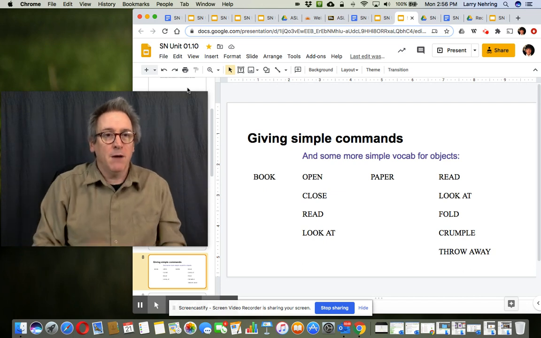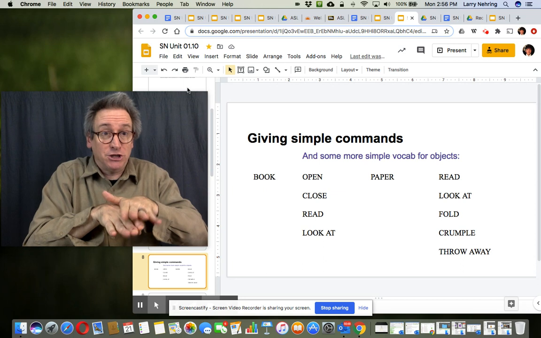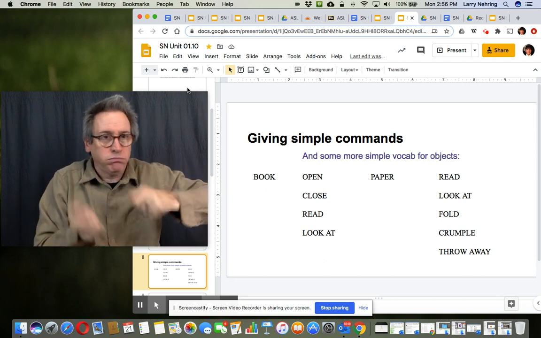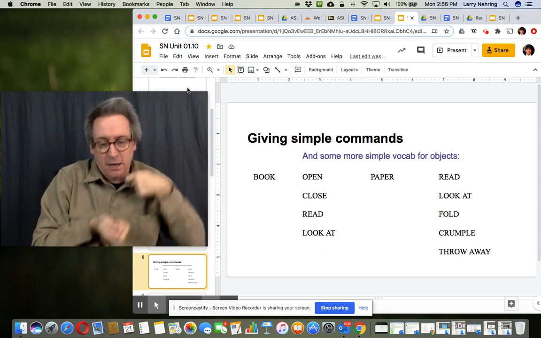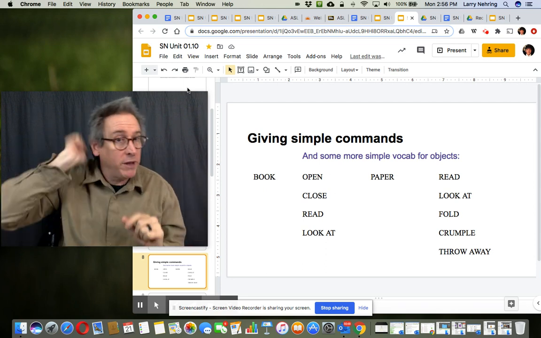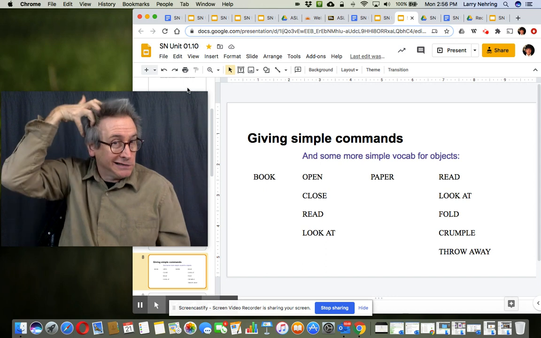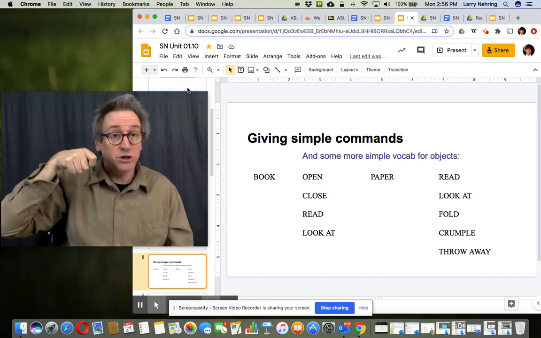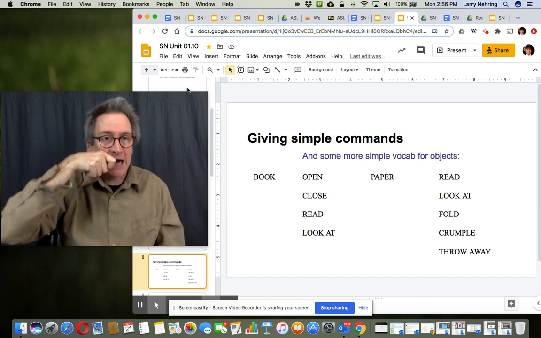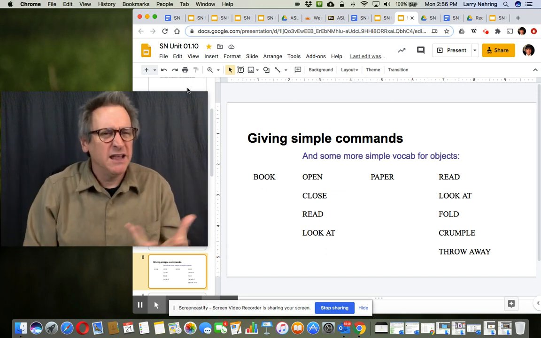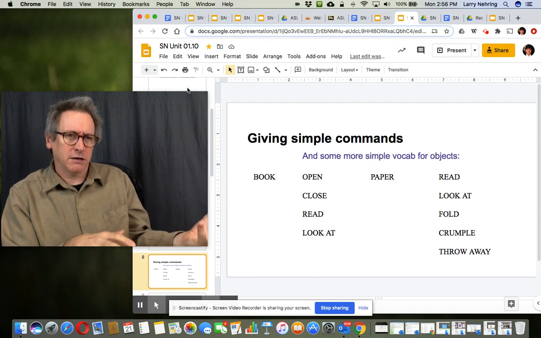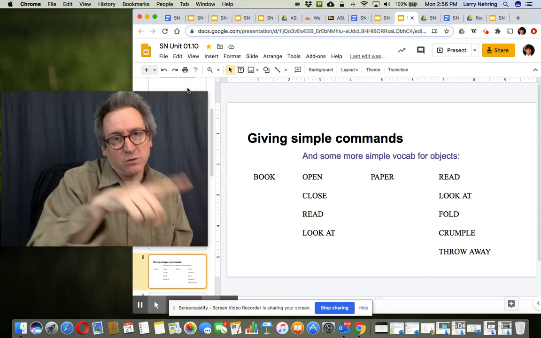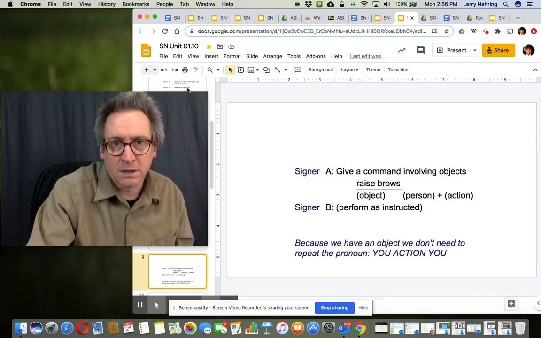When I'm folding the paper, I'm not actually showing the paper. I'm showing what I'm doing to it. Shoveling snow. God, not ready for it yet. Shoveling snow, same thing. Combing your hair, brushing your teeth. We don't show the brush. We're showing the action, and everybody understands that. So that's what we call an instrument classifier, where you're showing how you use it. So that's what most of these are.